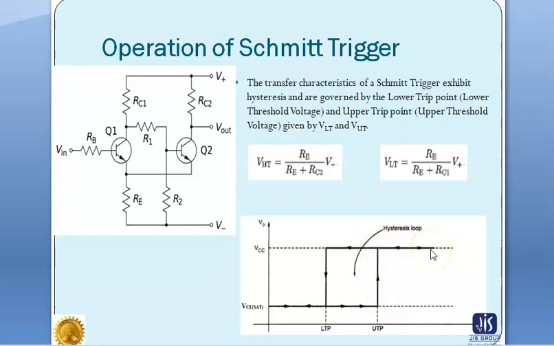But if we decrease the input voltage, then the transition from high to low will occur at a different voltage. Therefore, we get a hysteresis. This is the width of hysteresis. So this is the transfer characteristics of the Schmitt trigger circuit.